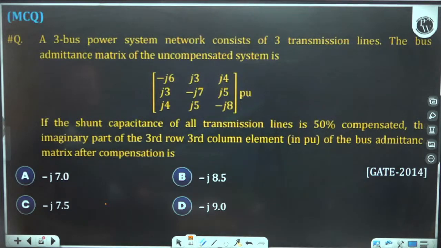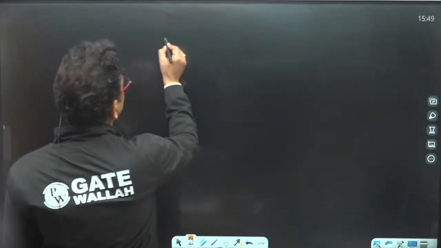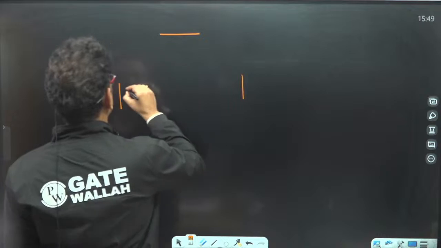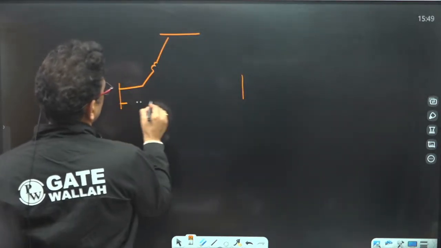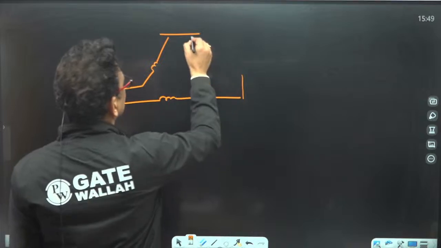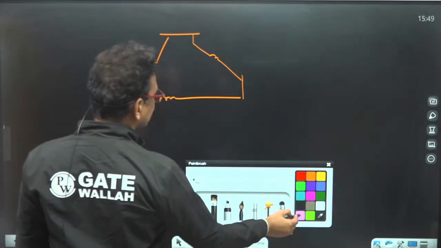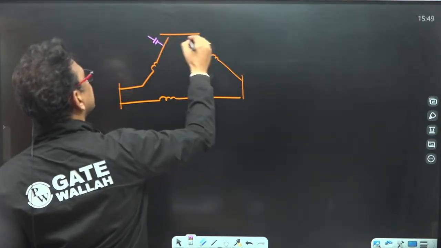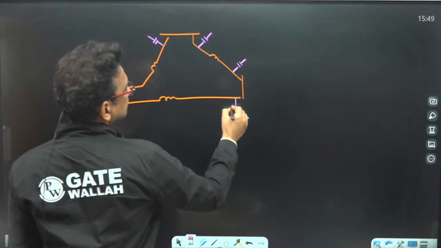It's 3 buses and 3 transmission lines, like this. Now, in addition to the series admittance, it will also have the shunt admittance.